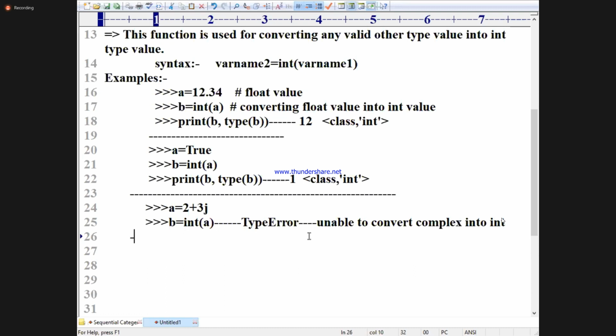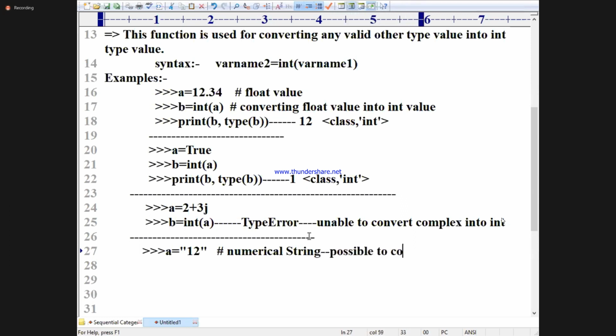So done. Like this. Next up, important conversion. A is equal to "12". There I am writing a comment: numerical string it is, numerical string. Possible to convert into int.